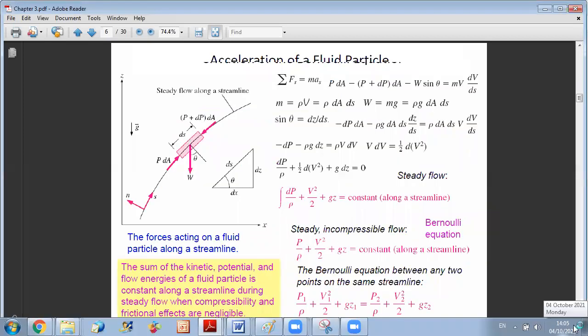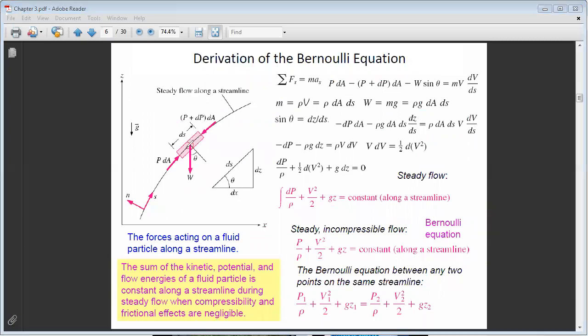Now, in order to derive the Bernoulli equation, we will start from Newton's law applied on a certain particle. So we will consider the following. We have a particle. What are the forces acting on it?